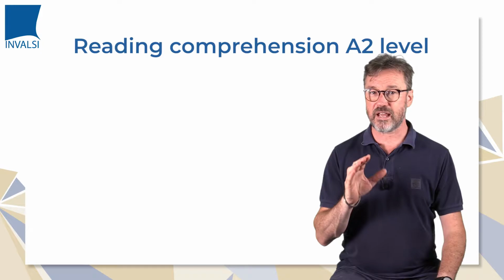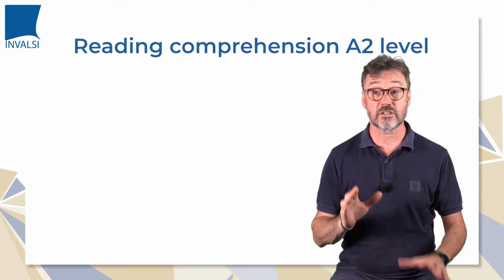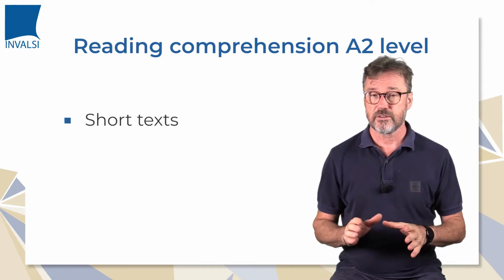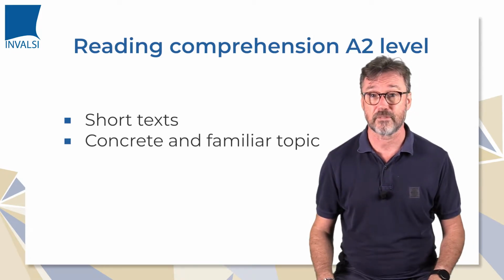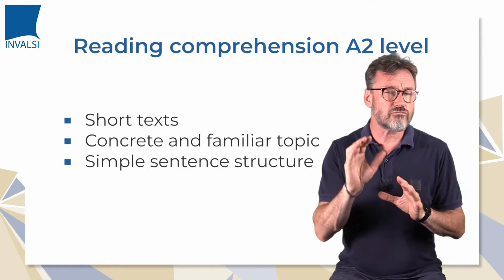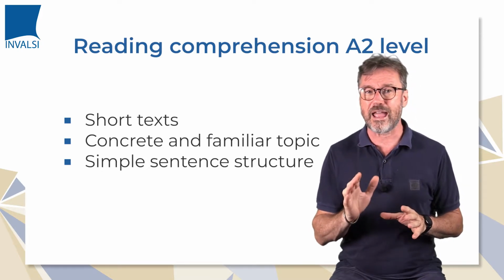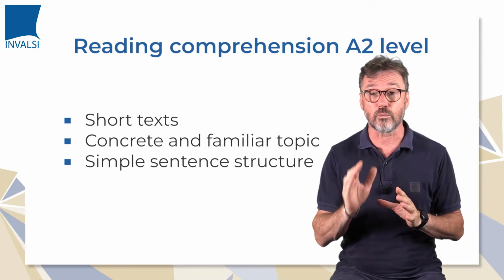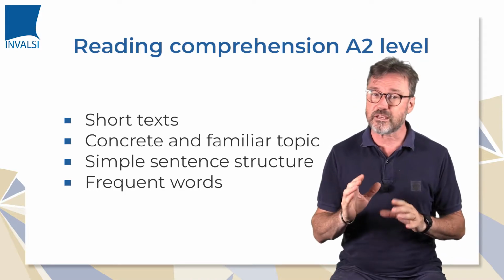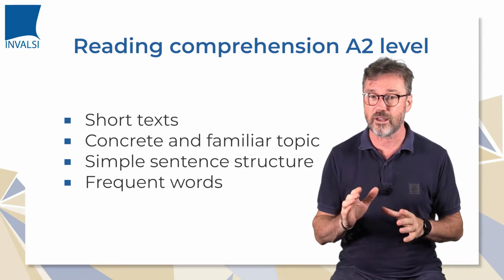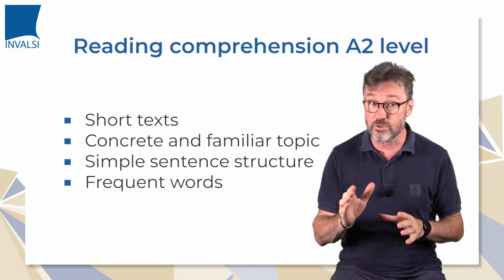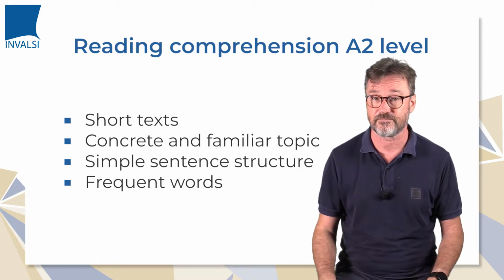Students who have reached A2 can process short texts. The topic should be concrete and familiar to the reader. Sentence structure should be relatively simple and vocabulary should include frequent words, although some expressions might be a little beyond the learner's active vocabulary, provided they can be deduced from the context.